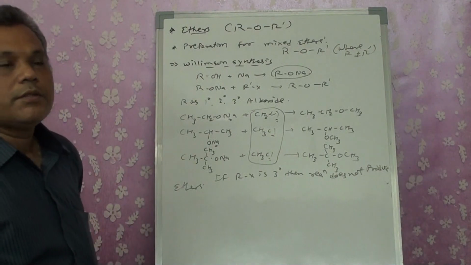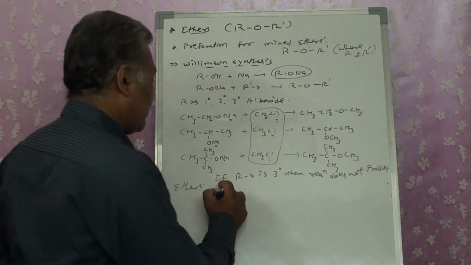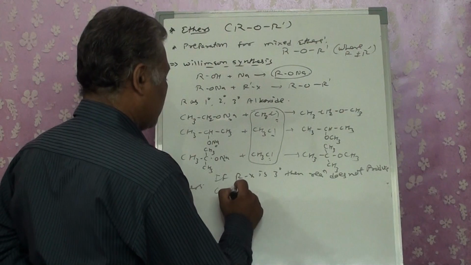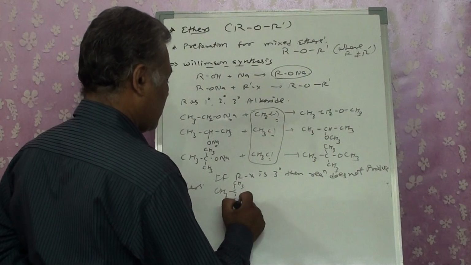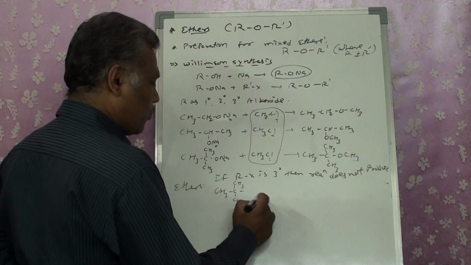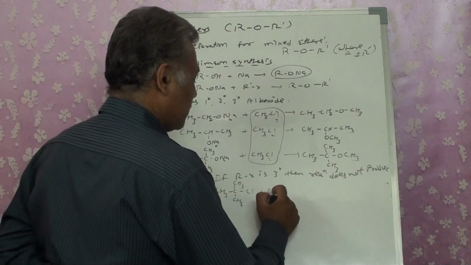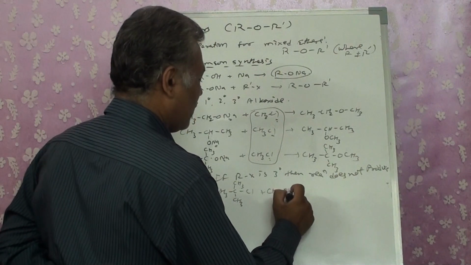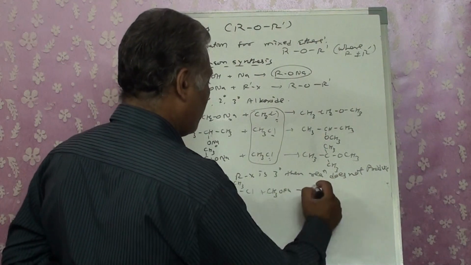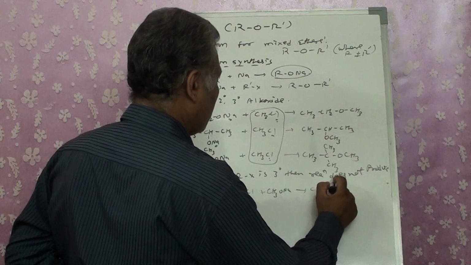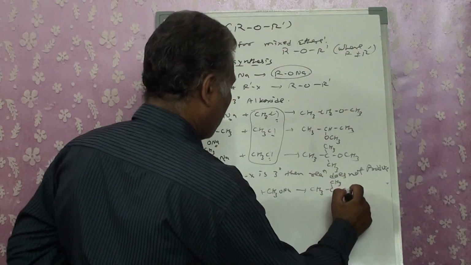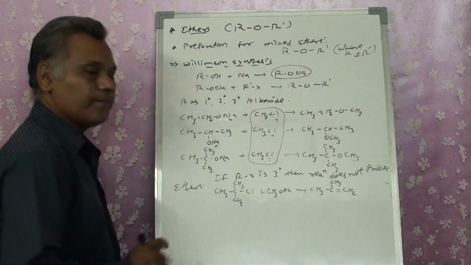If it is a tertiary halide, that means (CH3)3C-Cl with CH3ONa, the reaction won't proceed for ether; it will go for alkene formation.